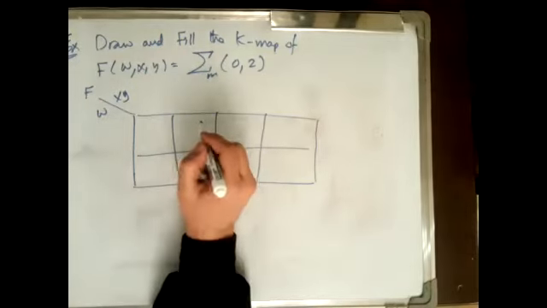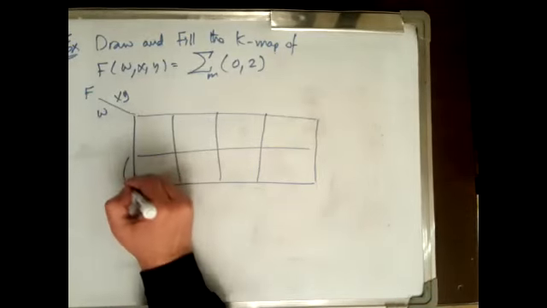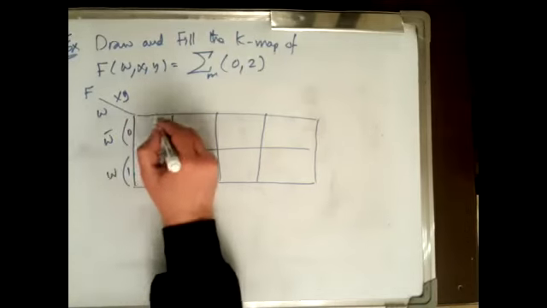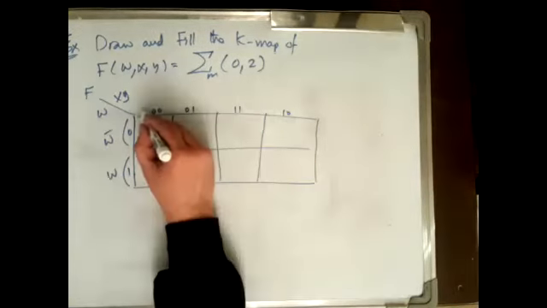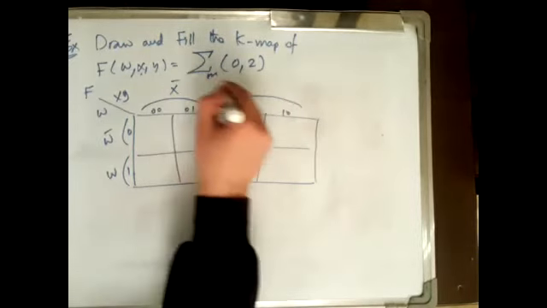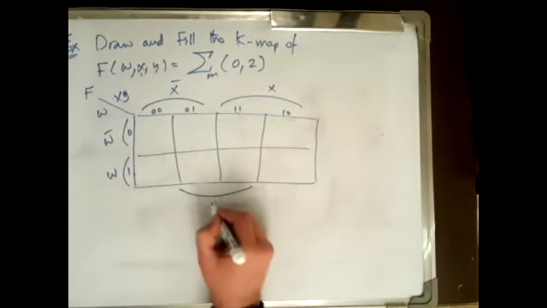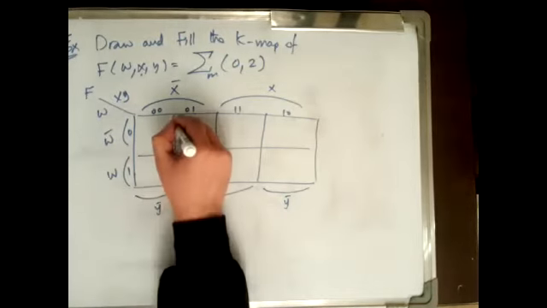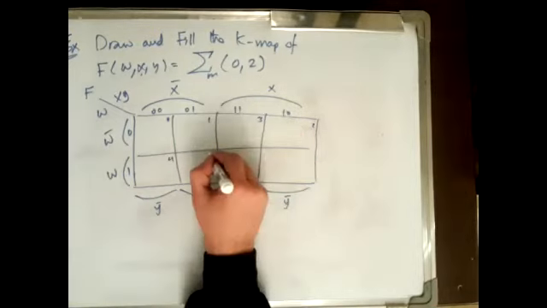For WXY, in the vertical direction is the most significant variable W: W bar is this one, this is 0, 0, 0, 0, 1, 1, 1, 1, 0, so this will be X. This will be X, but this is X bar, this is X. Here we have 1, 1, Y is fixed, so this is Y. The rest is Y bar. 0, 1, 2, 3, 4, 5, 6, 7.